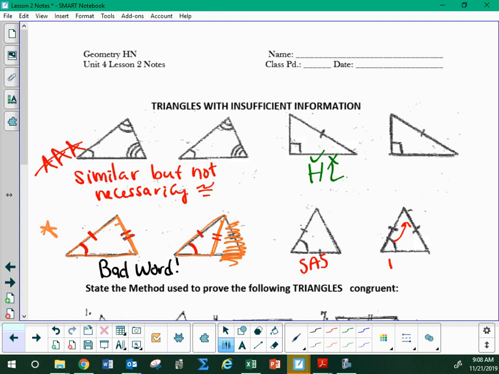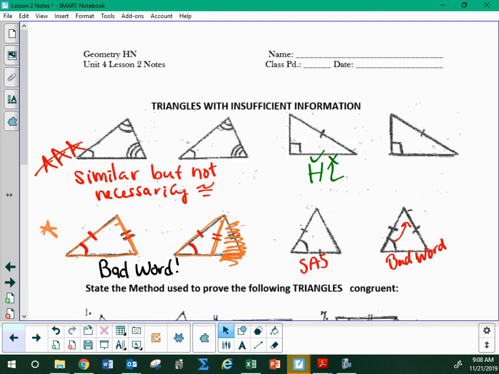This is the bad word. So we don't have a corresponding matchup. What we mean by corresponding is that it's the same order. It's not just that I have two sides and an angle, but that the angle is between the two sides. Here my angle is not between the two sides, so it's not matching.